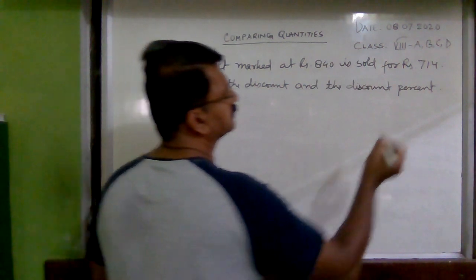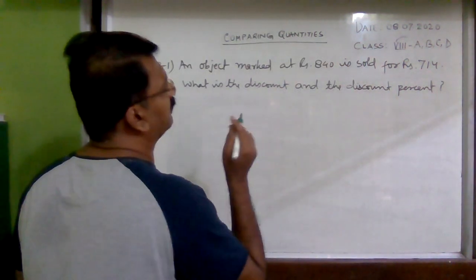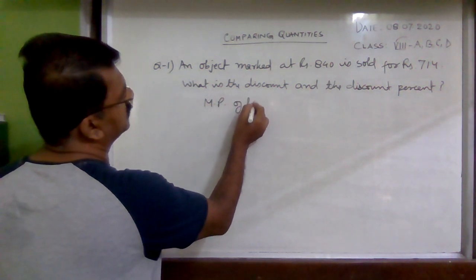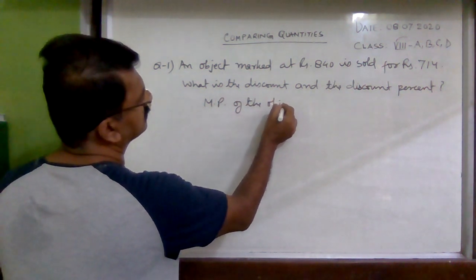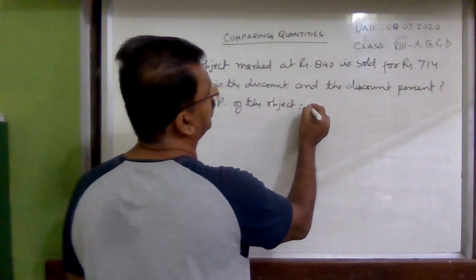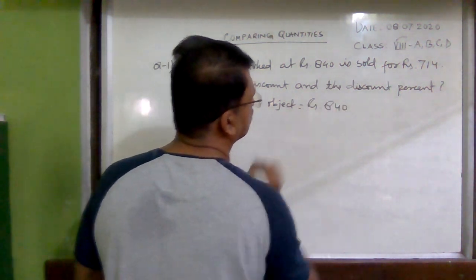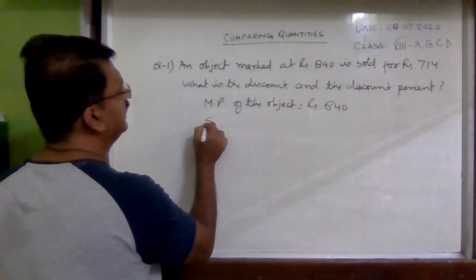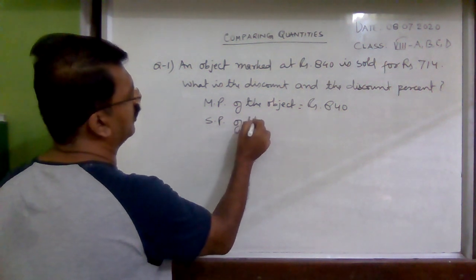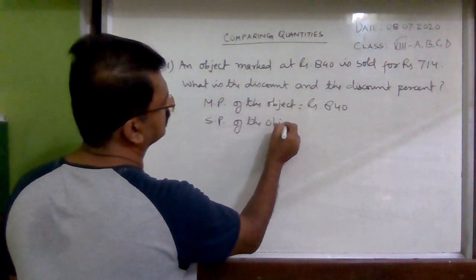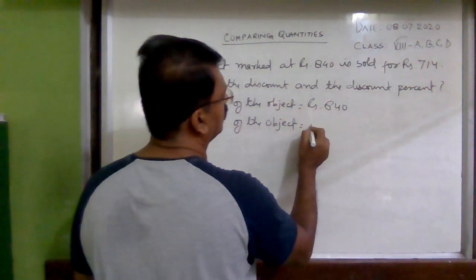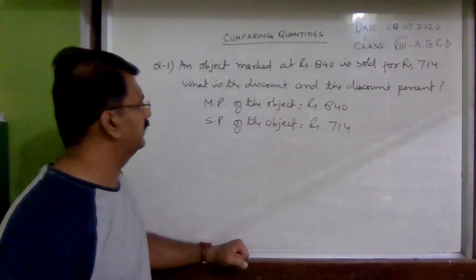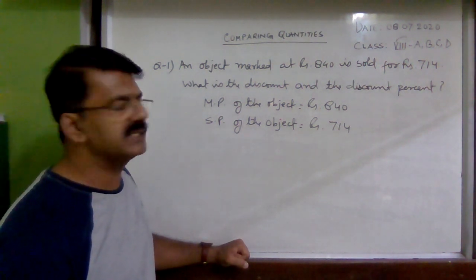Now see, it is very clear from the question that the marked price of the object is rupees 840, and the selling price of the object is rupees 714.